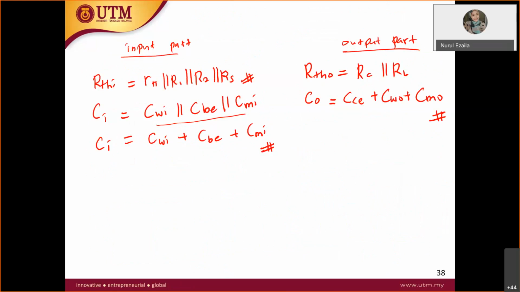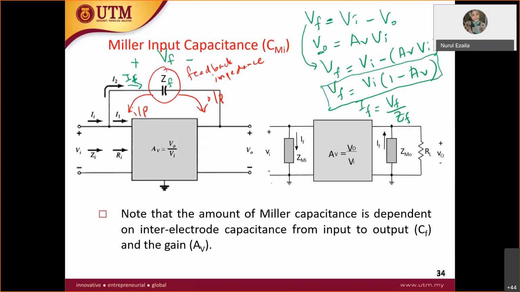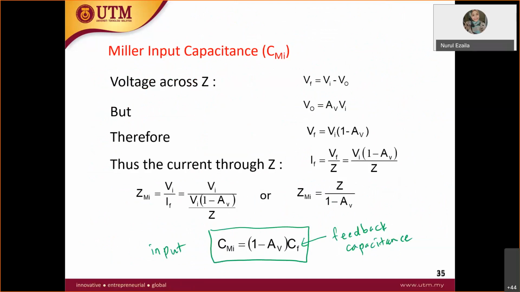What is CM in? This one, and CM out. CM in, if you look at the Miller just now, the input CM in is equal to 1 minus AV. Which AV? The AV that you have calculated in the past during mid gap. Can you see the relation?